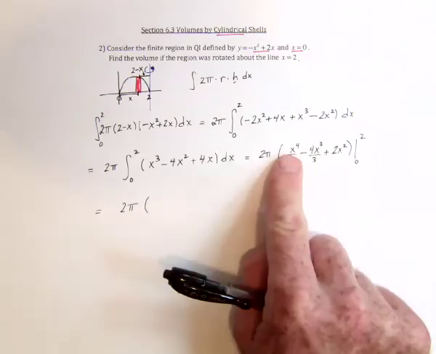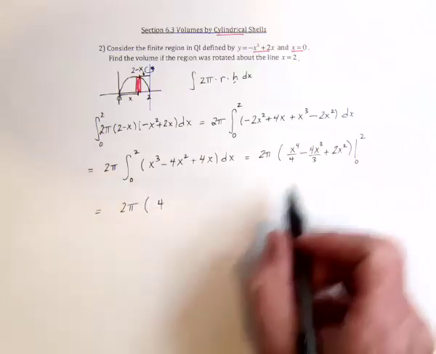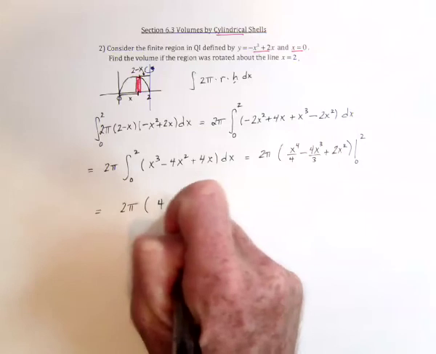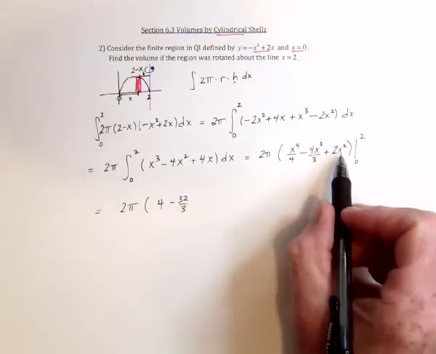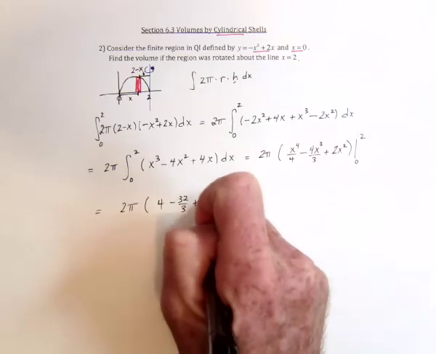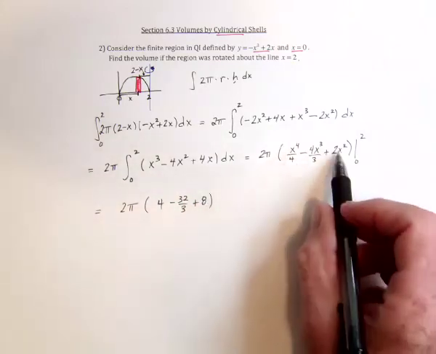This would be 2 times 2 is 4, 8, 16 over 4 is just a 4. This is going to be an 8 times that is negative 32 thirds. And this would be a 4 times 2 is 8. And then a 0 would contribute 0.